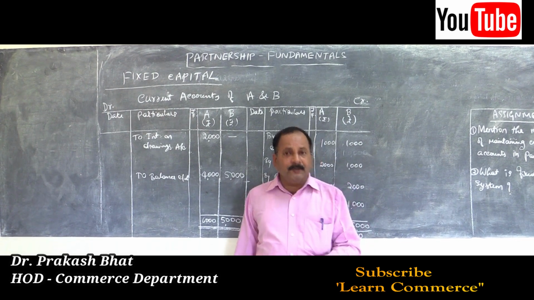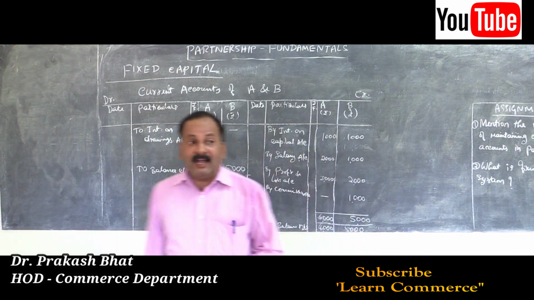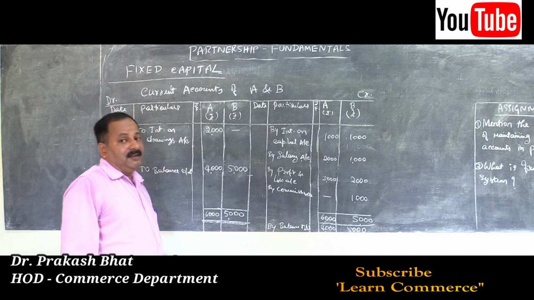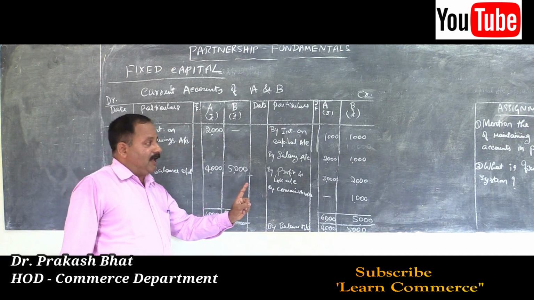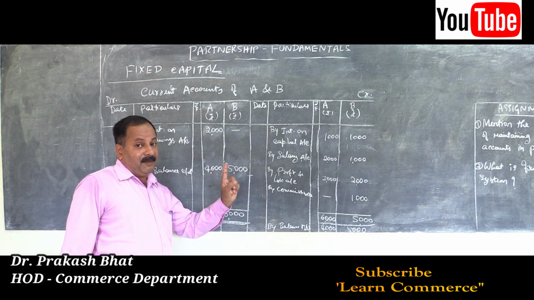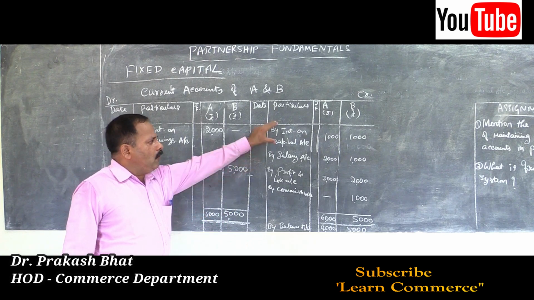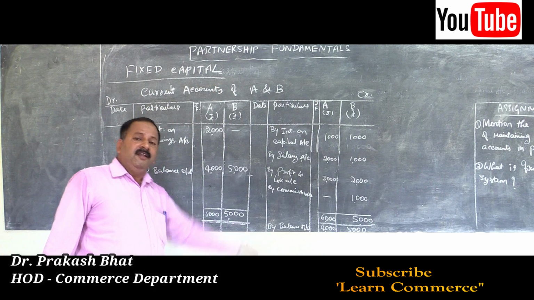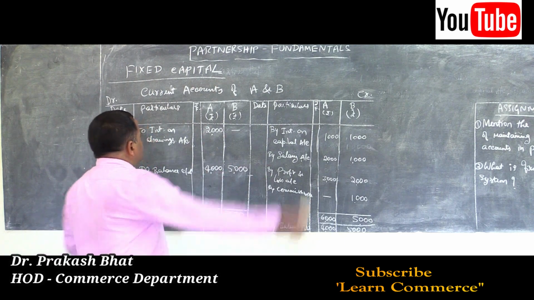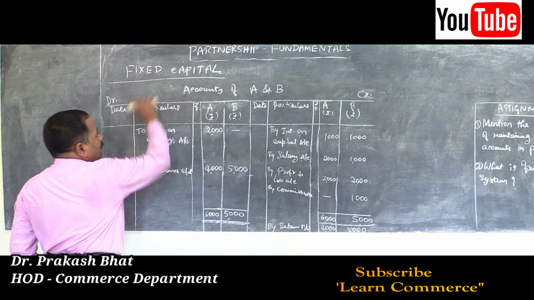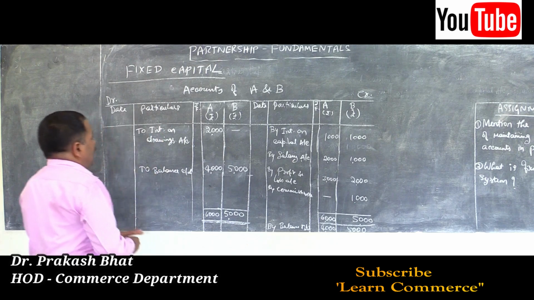And when they ask you to prepare capital account, then you should know that it is under fluctuating capital method. So, in fluctuating capital method, no separate current account is maintained. All the entries are recorded in the capital account itself. So, let us prepare capital accounts of partners, capital accounts of A and B.